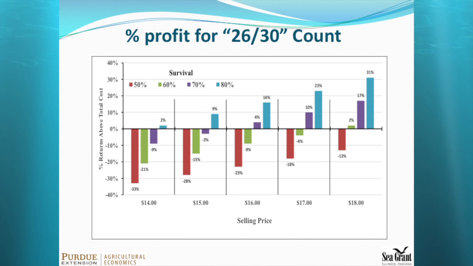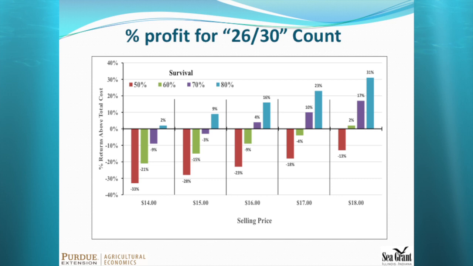And this is for even larger, oh no, let me think. This is for smaller shrimp. He didn't say what size they're going in at, but the main thing is to see there's a lot more red in this graph by selling at a smaller animal, smaller count.